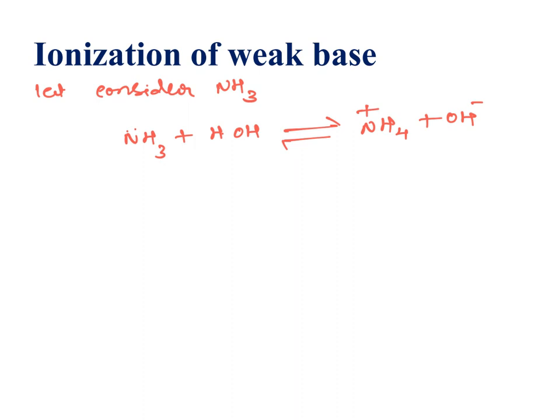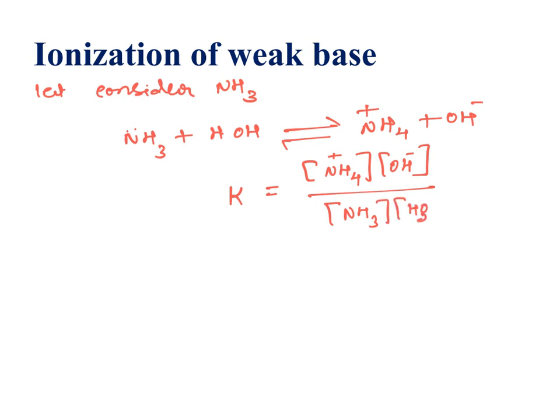Now at this ionic equilibrium, we can apply the law of chemical equilibrium. If we apply the law of chemical equilibrium for the above expression, then we get equilibrium constant Kc equal to the concentration of the products by the concentration of the reactants. Here water is present in excess. Let us assume this is a constant.